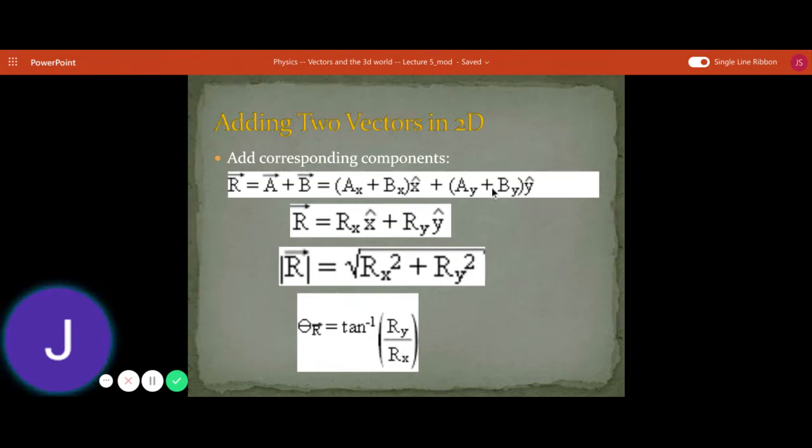And you could add any number of vectors this way. If you had a C vector, you do Ax plus Bx plus Cx, x hat, plus Ay plus By plus Cy, y hat, and so on. And this always works. It's not necessarily the best method depending on the situation, but this component method always works. It gets tedious after 3 vectors, though. Typically, we use this for 2 or 3 vectors.